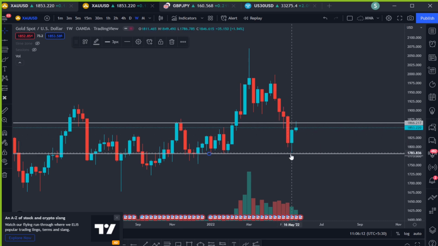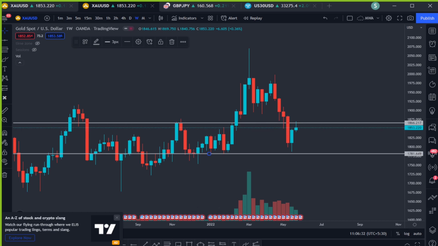Now, as we can see, we have the weekly candle close bullish at the support. In that situation, we were expecting the price, like last week, to move to the next resistance, which is right up here. But as we can see, this last weekly candle closed bullish, but respecting this resistance.